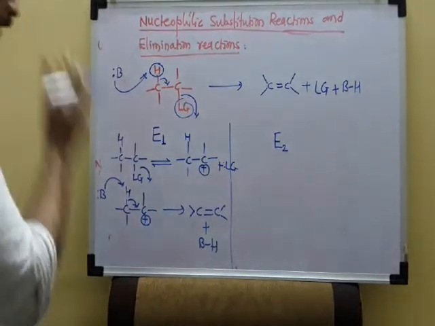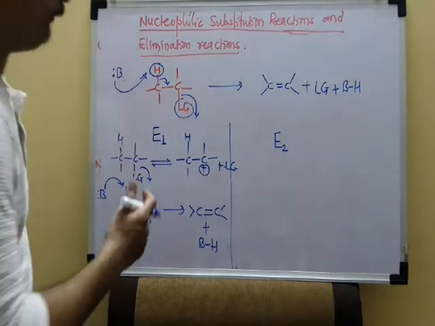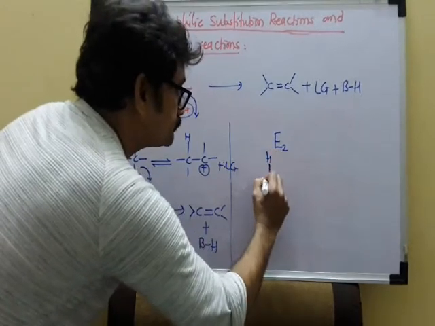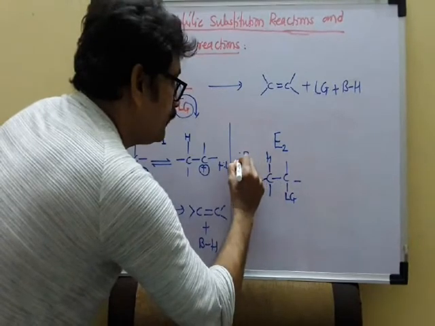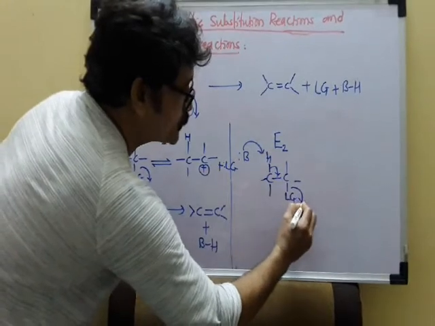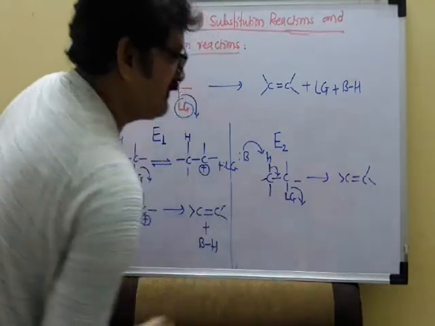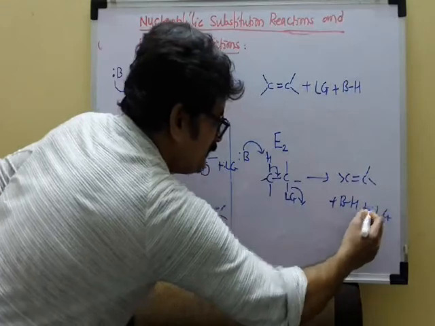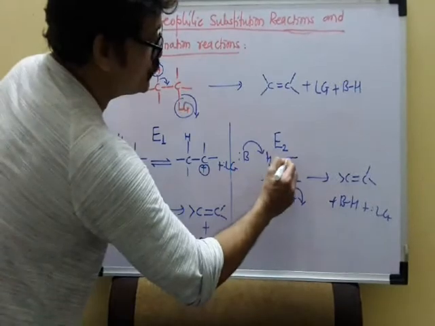We will discuss its stereochemistry in another video. In the E2 mechanism, the same substrate reacts with the base abstracting the proton and the leaving group leaving simultaneously in one step, forming the double bond. Everything happens simultaneously, just like the SN2 reaction.